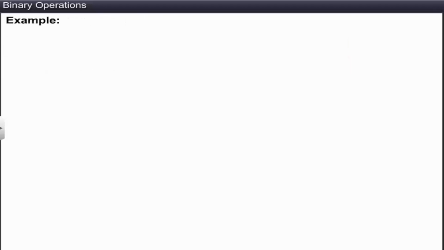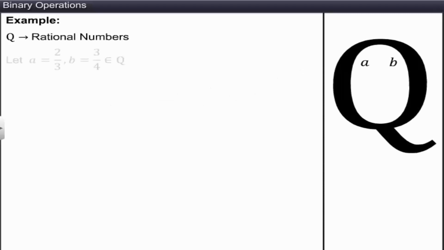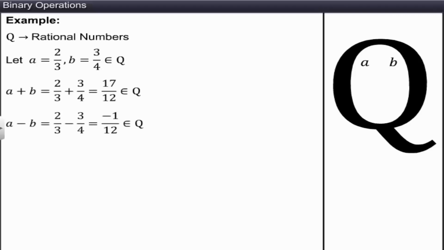Let us consider an example to take a broader view. Let Q denote the set of rational numbers. Let A and B be any two rational numbers. Now, on adding, subtracting and multiplying any two rational numbers, we get another rational number.